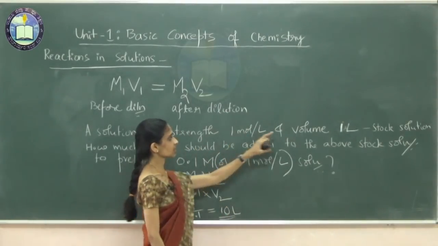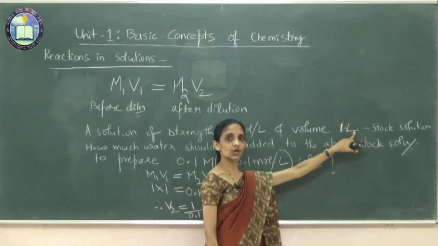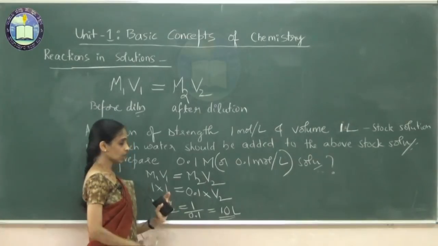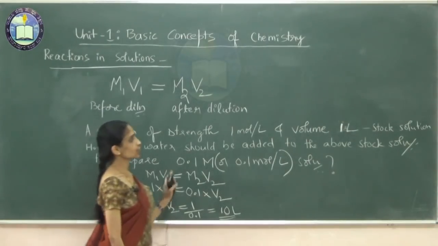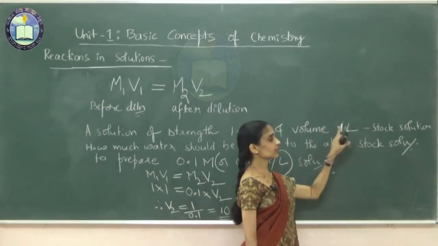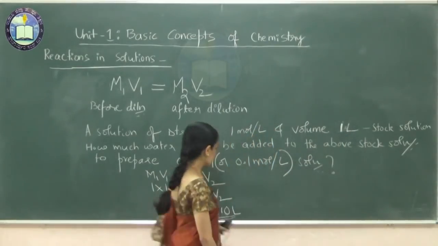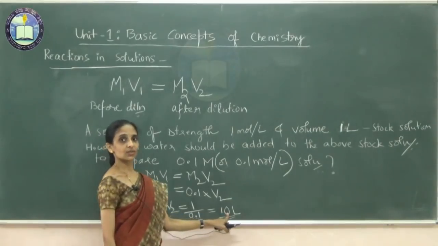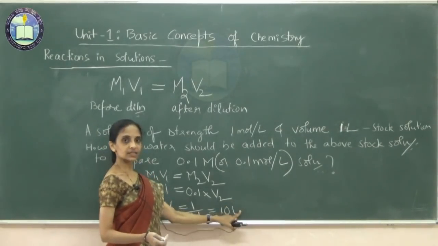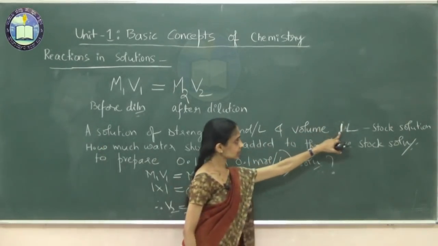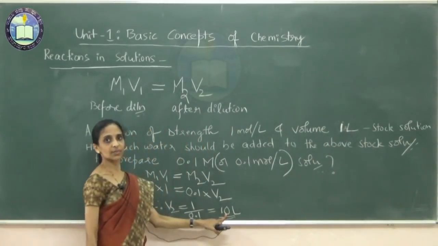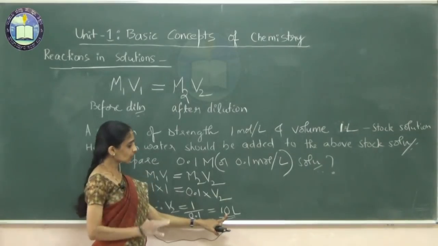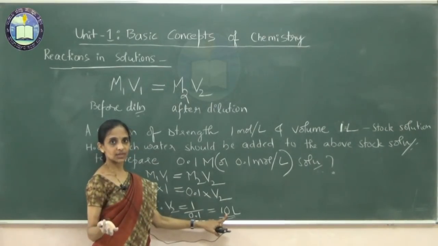The problem is in liters. If the problem gives ml, here also you have to write ml. Okay, so before dilution, how much was the volume? It was 1 liter. After dilution, the volume V2 should be 10 liters. To make 1 liter into 10 liters, how much water do you need to add? You need to add 9 liters of water. Is it not?